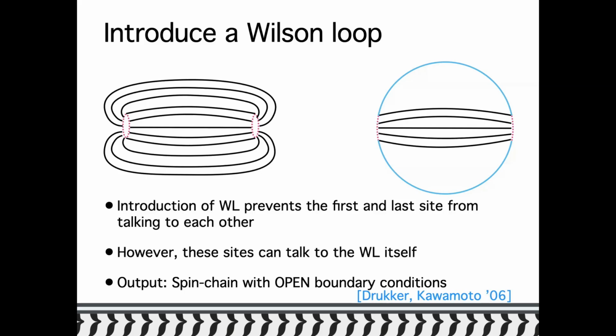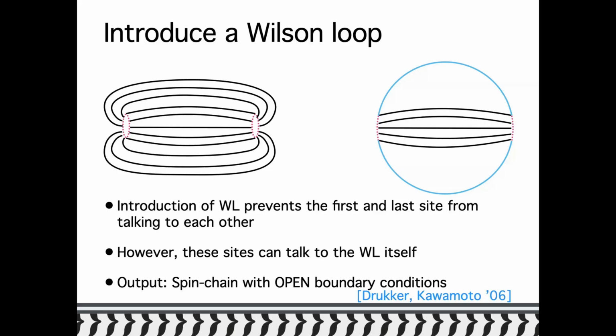But these sites, of course, can talk to the Wilson loop itself. So in particular, suppose I have some scalar inserted at the top here. On the right picture, I can connect the two scalars from one to the other. But then those scalars can, for example, exchange a gluon with this Wilson line, which I have denoted by this blue circle outside.